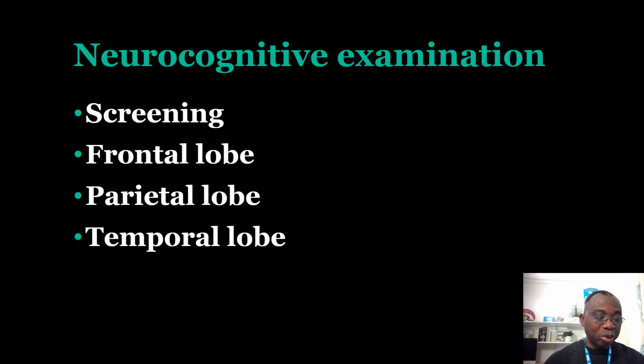The next is components, which area has a deficit. Is it dorsolateral, which is cognitive inflexibility? Is it medial, which is apathy or abulia? Or is it orbitomedial, that is disinhibition?